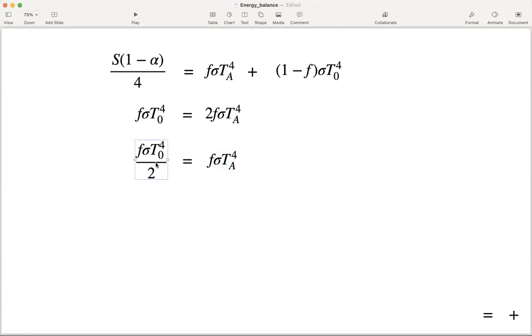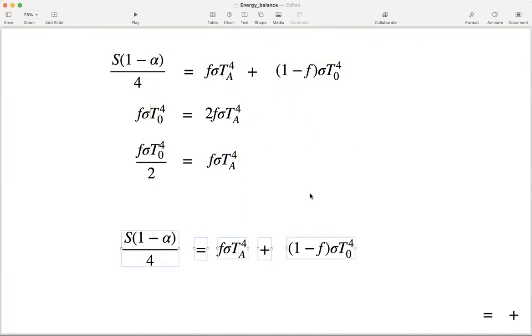And since this is equivalent to this, we can substitute in here with this. All right, so here is our full equation. And now we can remove this because we can substitute in this term, right? These two things are equivalent, so we can get rid of this and put in this. And now we only have T naught.